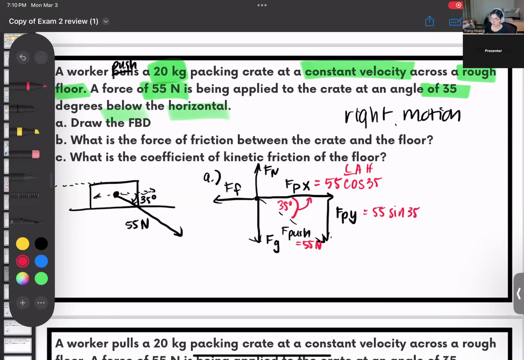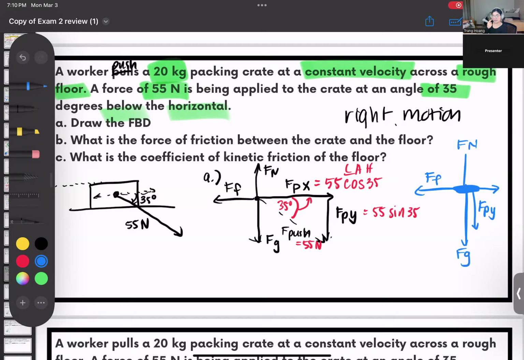This is too much information in one graph. I'm going to put it into a nice clean free body diagram. For y, we make it as y as we want. We have force friction. We have force normal. We have force gravity. We have another force push y. And we have force push x.